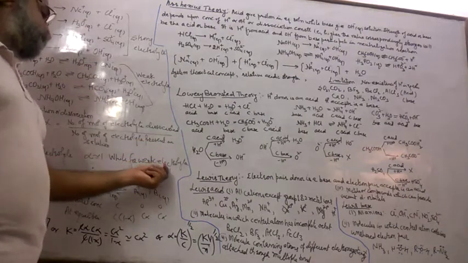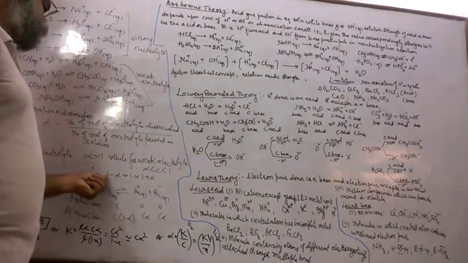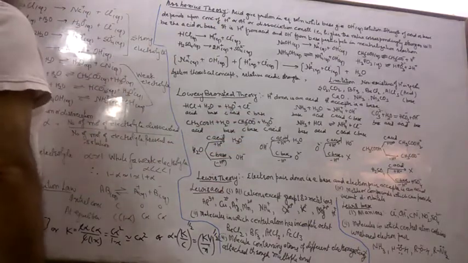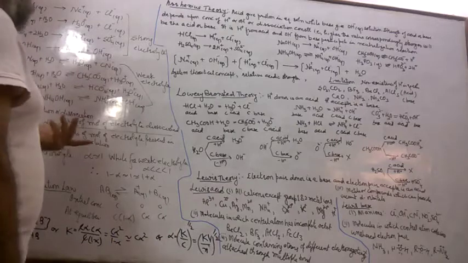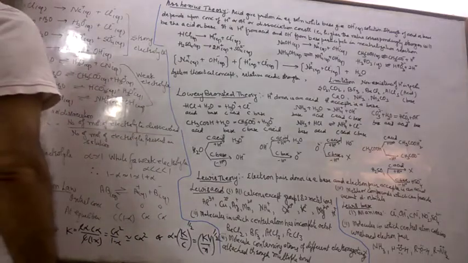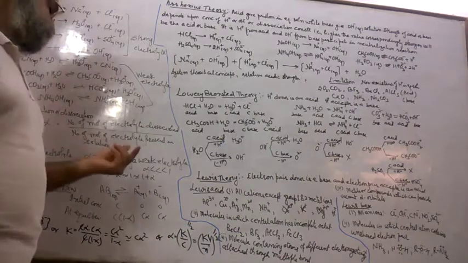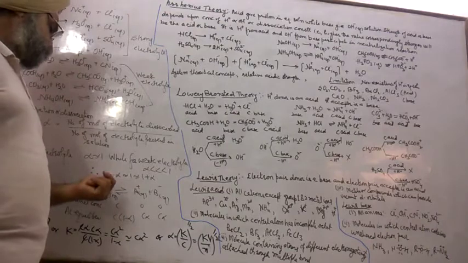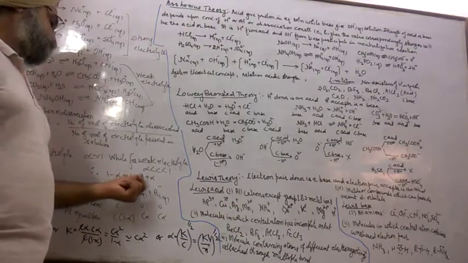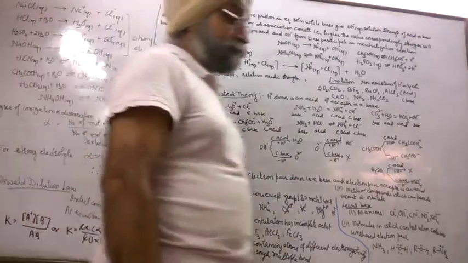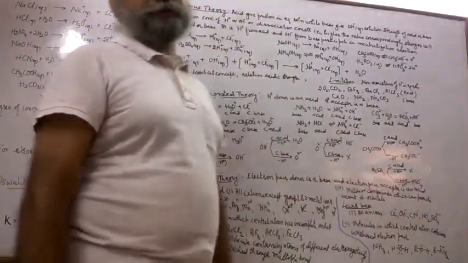If alpha is very, very less than 1, in that case 1 minus alpha is taken as approximately 1. So 1 minus 0.08 comes to 0.92, very close to 1. And 1 plus 0.08 is 1.08, that is also taken as 1. So in calculation, 1 minus alpha is taken as 1, and 1 plus alpha is also taken as 1, because alpha is very, very less than 1 in case of a weak electrolyte.